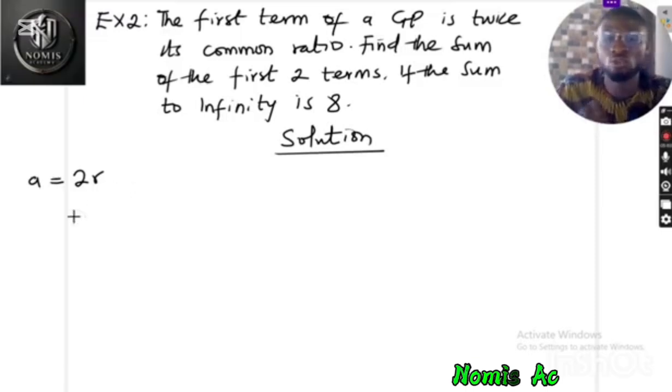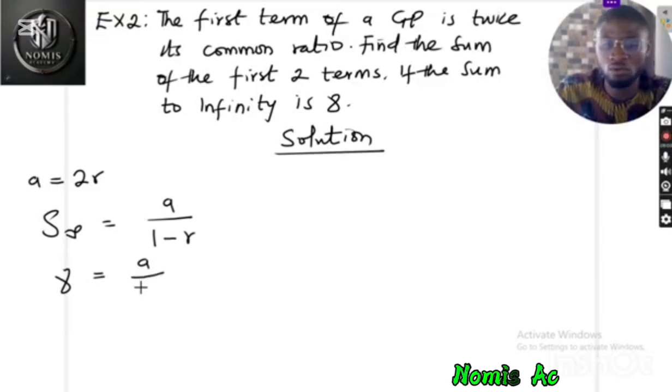So let's get to the sum to infinity. Remember the formula to calculate sum to infinity? Sum to infinity is A all over 1 minus r, right? So sum to infinity has been given to be 8. So that is 8 equals A, and A is now 2r, all over 1 minus r.